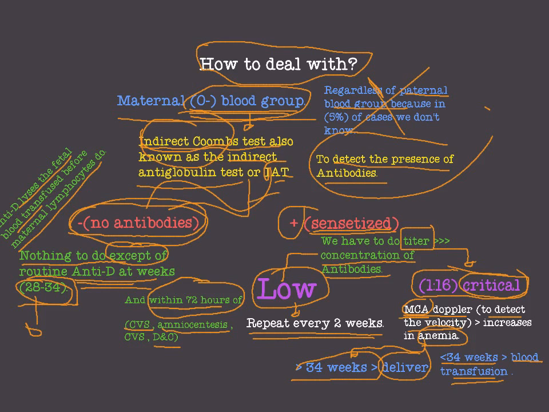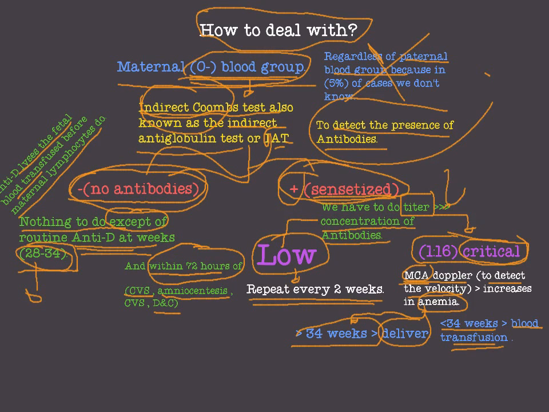If we have a positive indirect Coombs test or sensitized maternal blood, then we have to do a titer. This is the second step to see whether we have a low or high titer. If low, we repeat it every 2 weeks. If it is high or critical, above 1 to 16, then we do a middle cerebral artery Doppler to detect the velocity. Then if the baby is above 34 weeks, we deliver. If it is below 34 weeks, then we do a blood transfusion. This is all about isoimmunization.